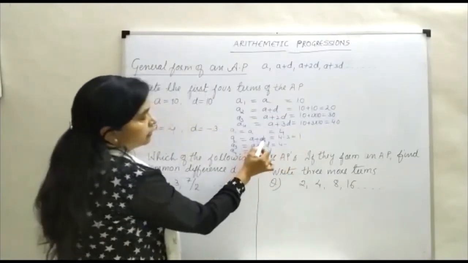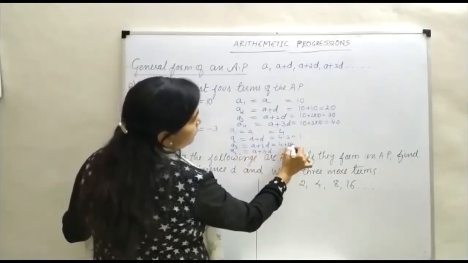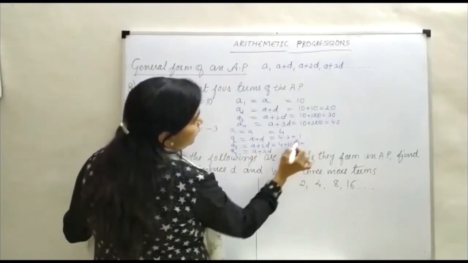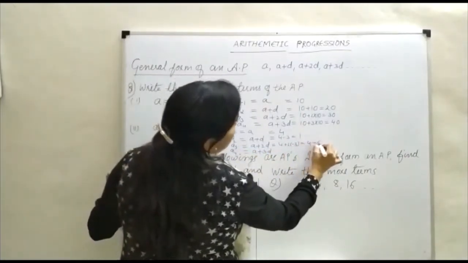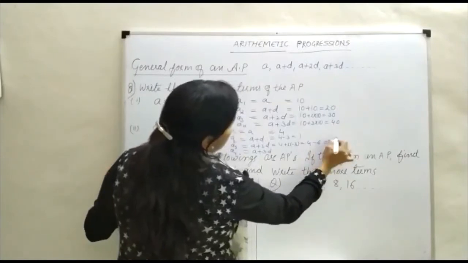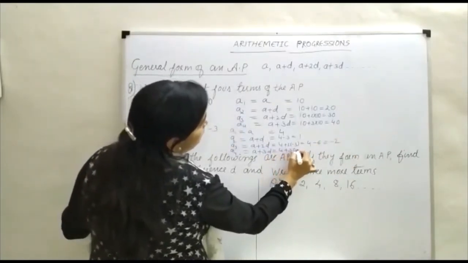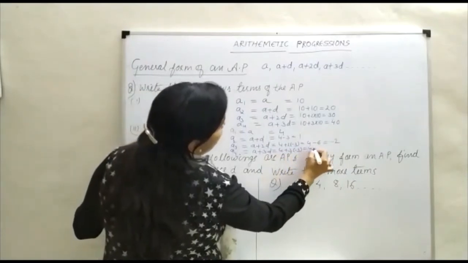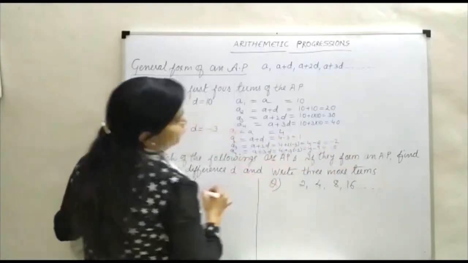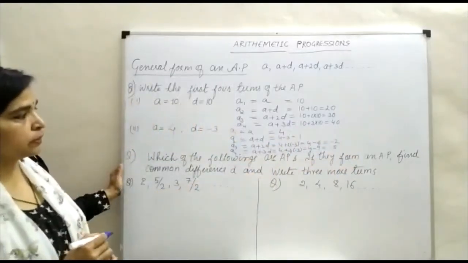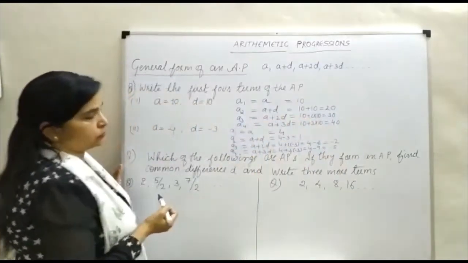Just see children, the value of D is minus 3, so 4 plus 2 into minus 3. So what you get? Minus 6 plus 4, that is 4 minus 6 and that is minus 2. Again you can see here 4 plus 3 into minus 3, that is 4 minus 9 and that is equal to minus 5. So the first 4 terms are 4, 1, minus 2 and minus 5.